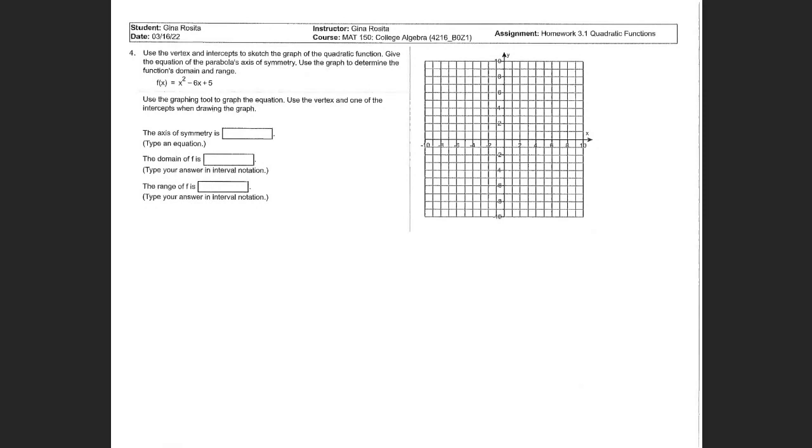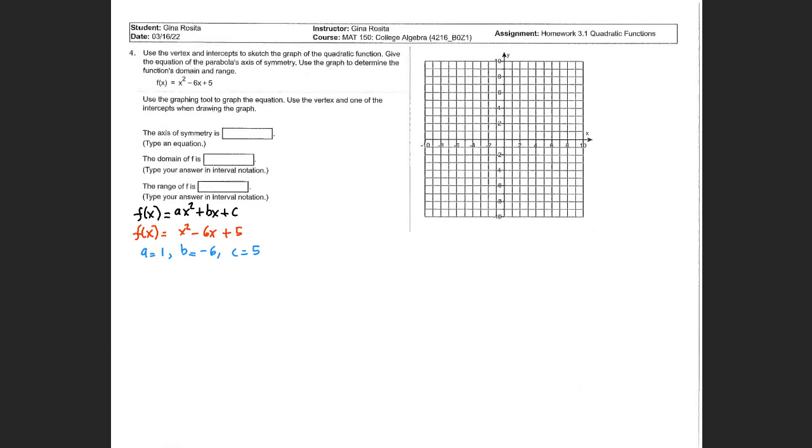The general formula is f of x equal ax squared plus bx plus c. The problem is f of x equal x squared minus 6x plus 5. So we can see here a equal 1, b equal negative 6, c equal 5.